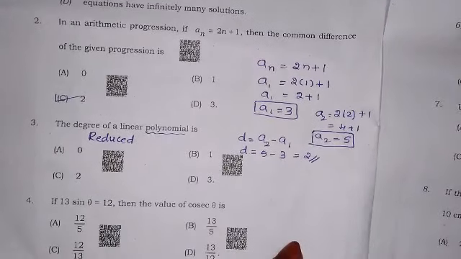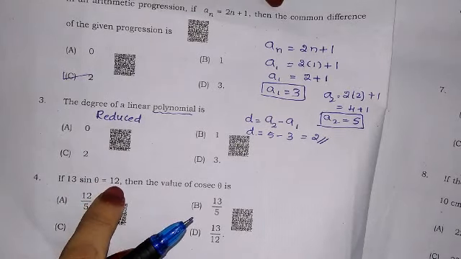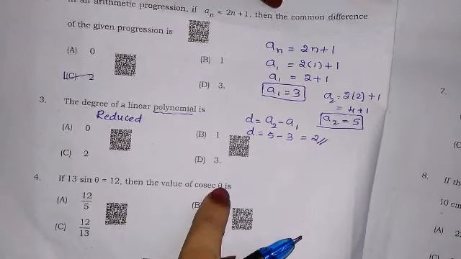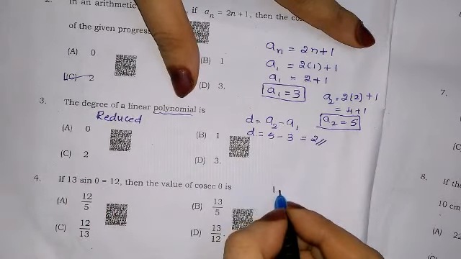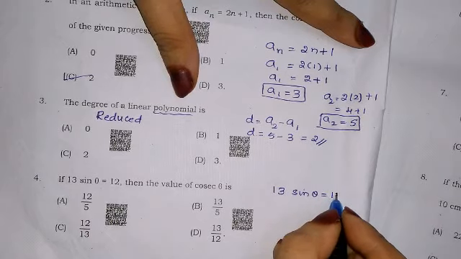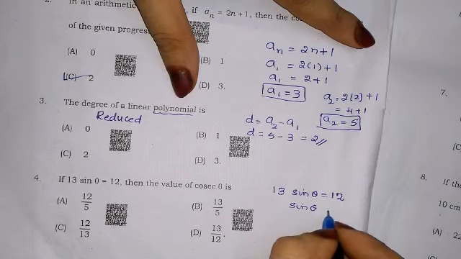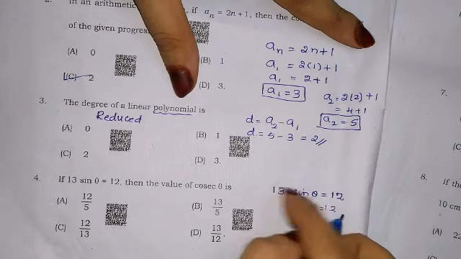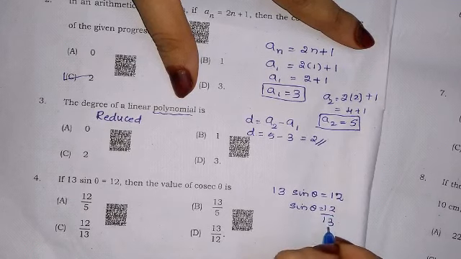Okay, question number 4: if 13 sin theta is equal to 12, then the value of cosec theta. 13 sin theta is equal to 12, that means sin theta is equal to 12 by 13.